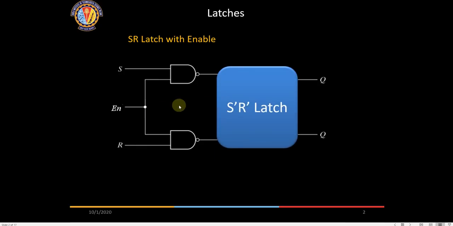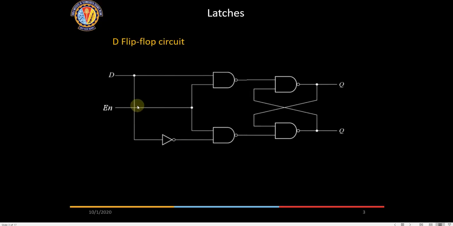Okay, so inside it's a NAND gate that can be called as S dash R dash, whereas these inputs are S and R, right? Now, the D flip-flop circuit is a modification of the SR latch. Instead of S and R, you have a D input. The set is given as D and the reset is given as D bar.